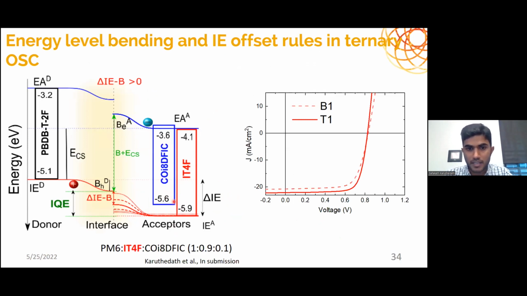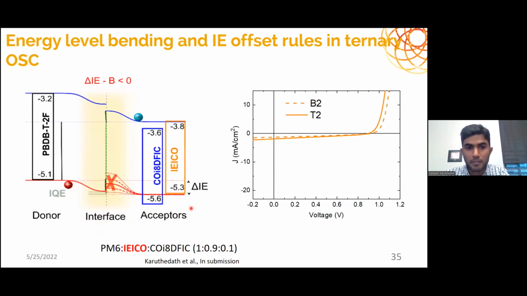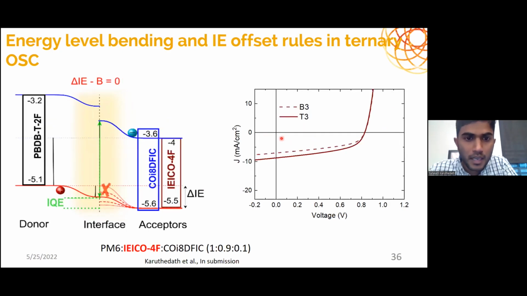But in this case, it's still good enough because the IT4F content is high, so the weighted average IE offset is still high. But in the case of IICO, even though Co-8 is a decent offset material, the amount is low, so the average weighted offset is still very low. But that's why there is a slight improvement in the performance here as well.